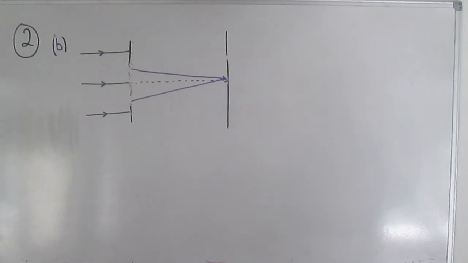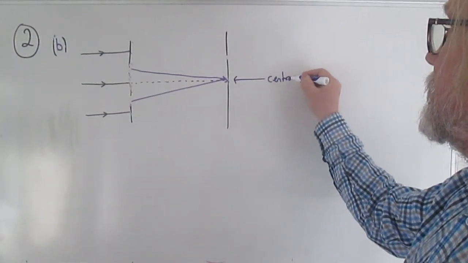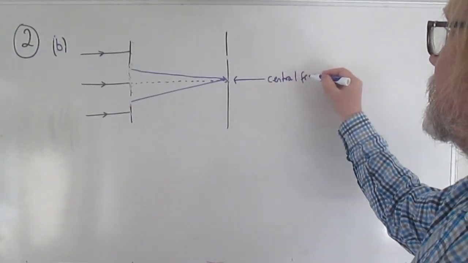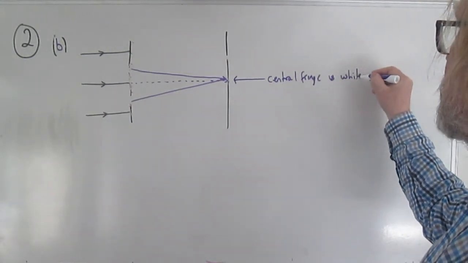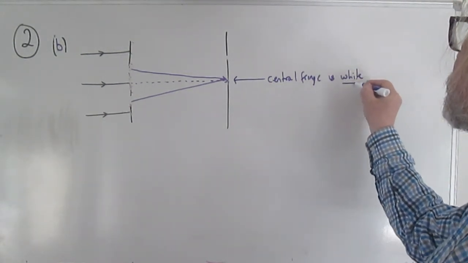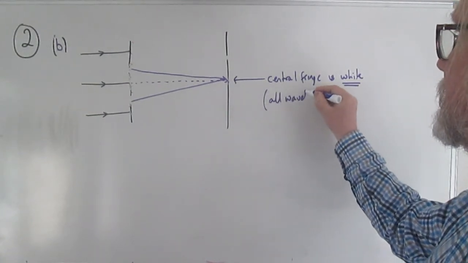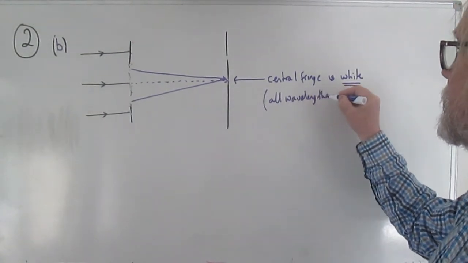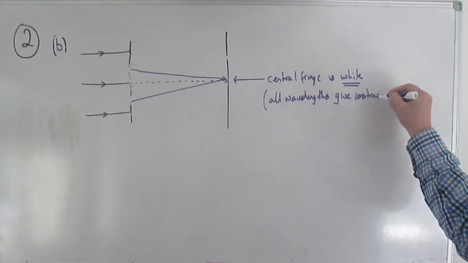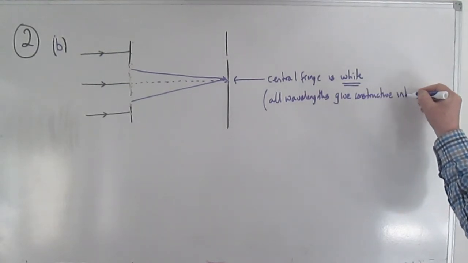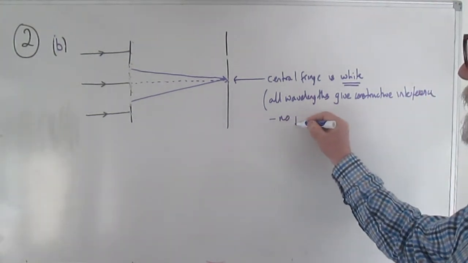So the central fringe will be white, because all wavelengths give constructive interference, because there's no path difference for that one.